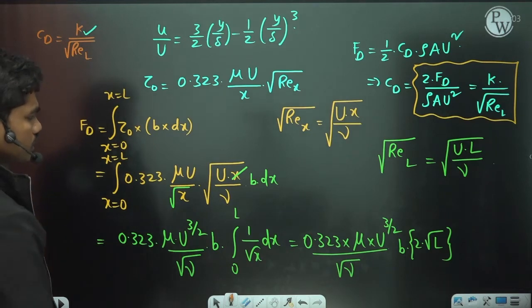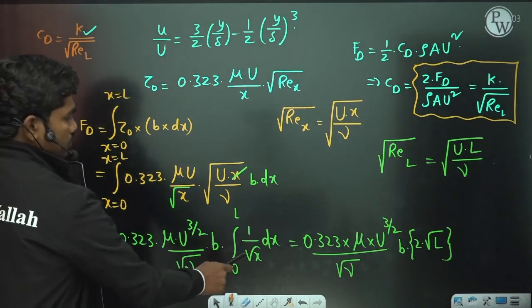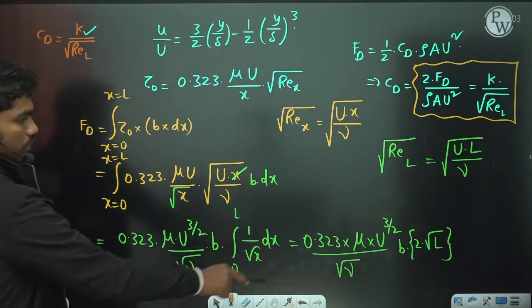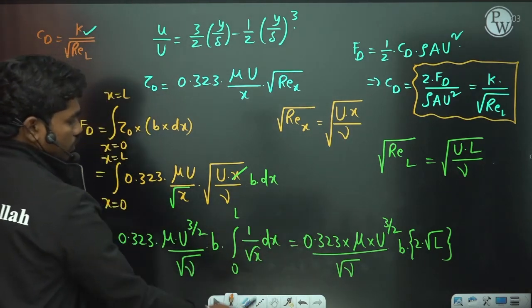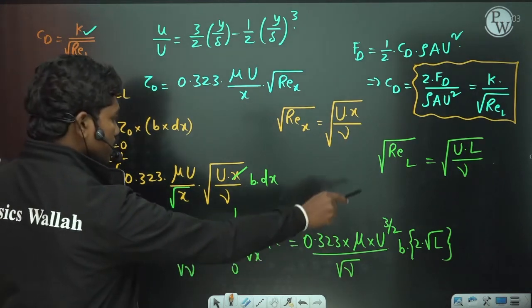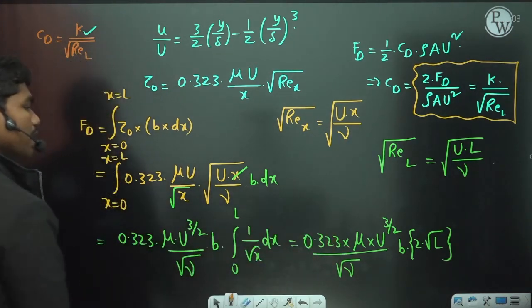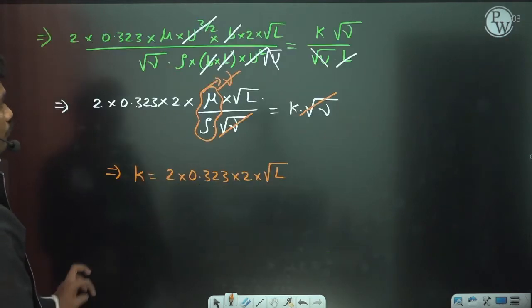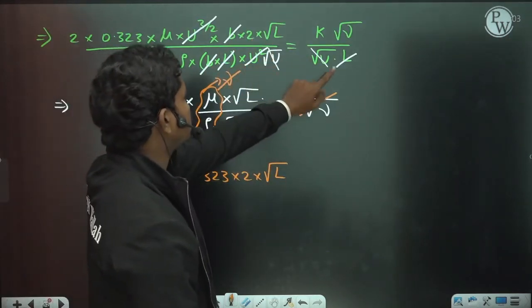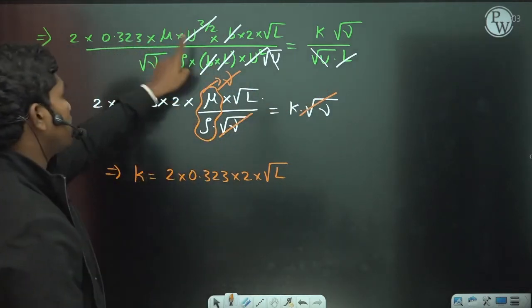So if you calculate the integration of 1 by root x, it is actually how much? 2 times of root x, correct? Basically x power minus 1 by 2 integrates to 2 times of root x, so you have 2 into square root of L here. So 2 times of square root of L we have replaced here, then this is this value, then we have all the other terms as it is.